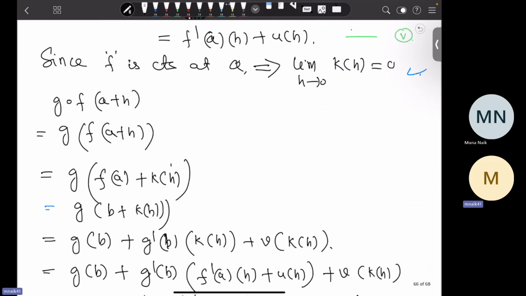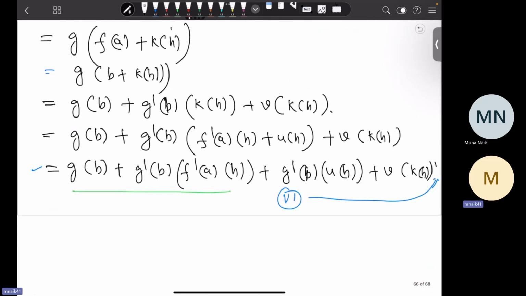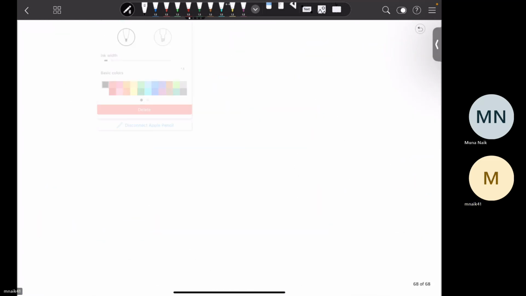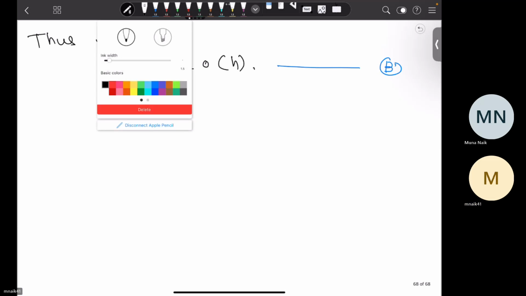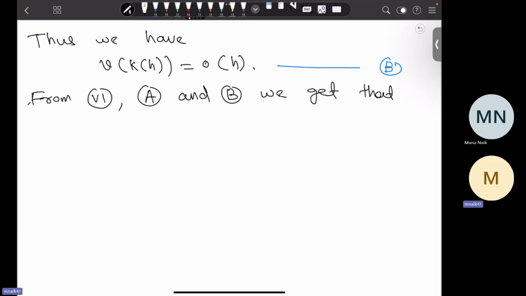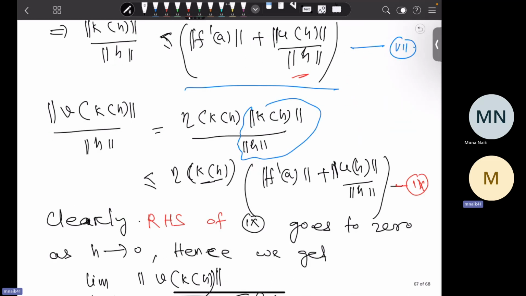So from VI and capital A and capital B, we get this thing. What do we get?